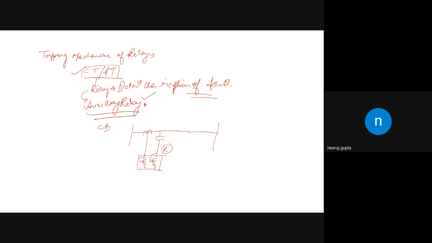Whenever any abnormal condition or fault occurs in this line, depending upon the magnitude of the current, and whether the relay is a single input or multiple input relay, the relay operates. For a directional kind of relay, we use multiple inputs because we want the angle also.